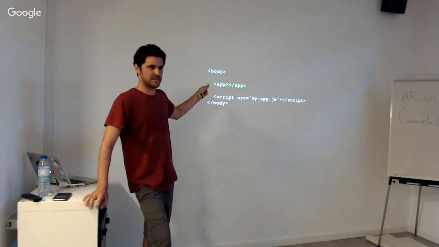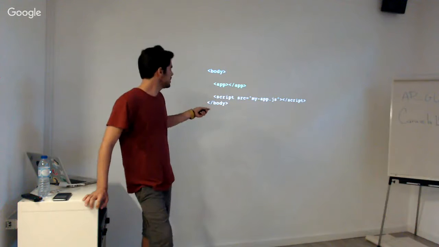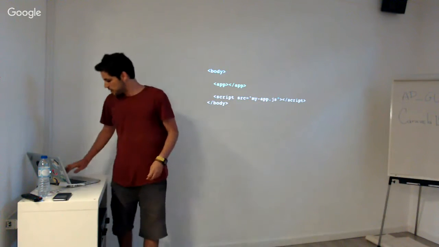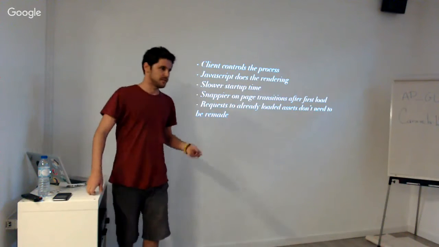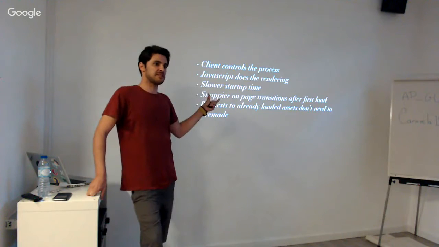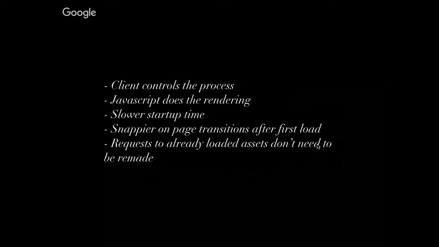You see this little tag that contains really no content at all, and then a script that is really the major player in the process. The script takes that little tag, and it's the one that's going to transform that tag into an actual HTML document. JavaScript is the one that's responsible for doing the rendering, for doing the routing, and all of these things.